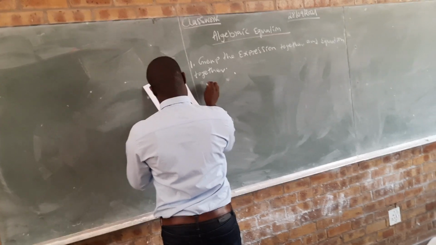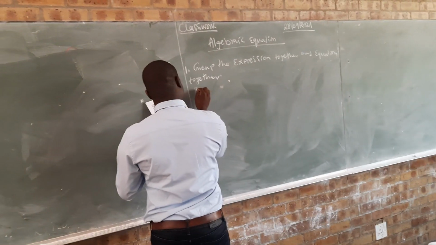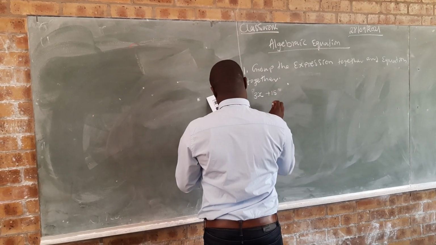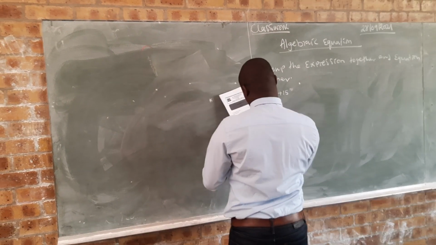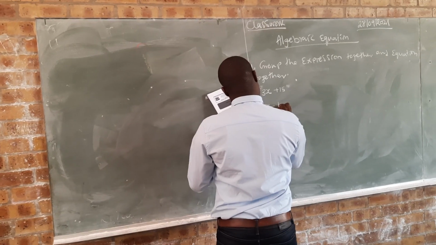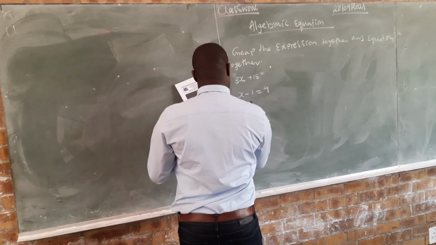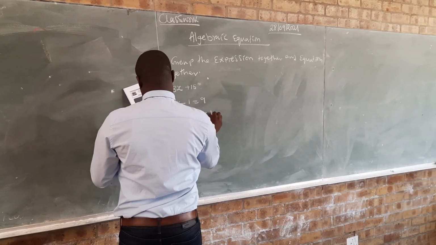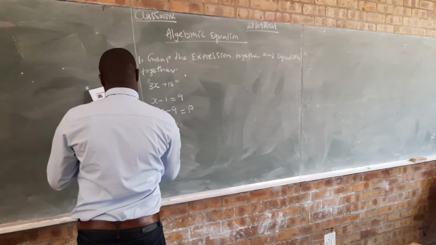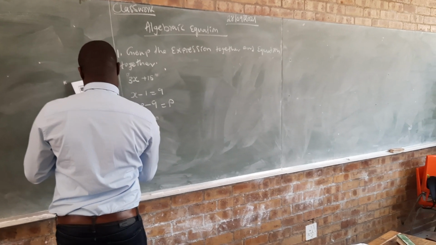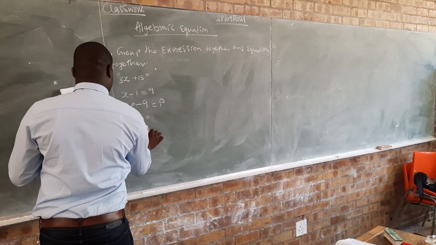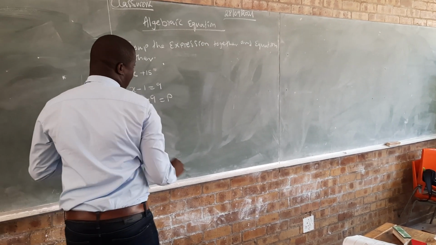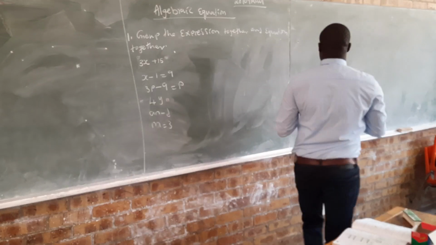We have 3x plus 15, x subtract 1 equals 9, 3p subtract 9 equals p, 4y, and a subtract d, and n equals 3. So you must group them like this.